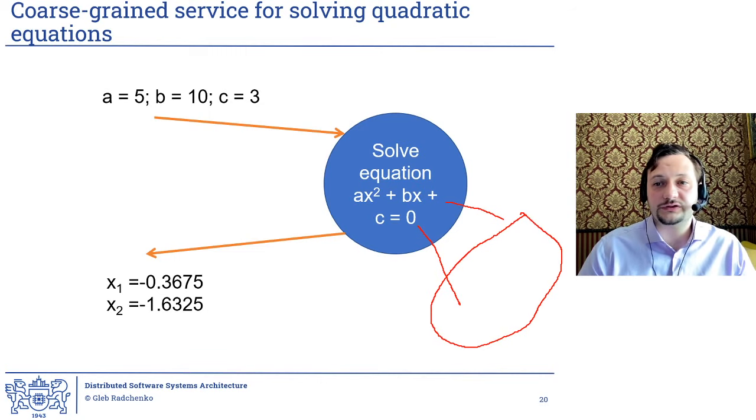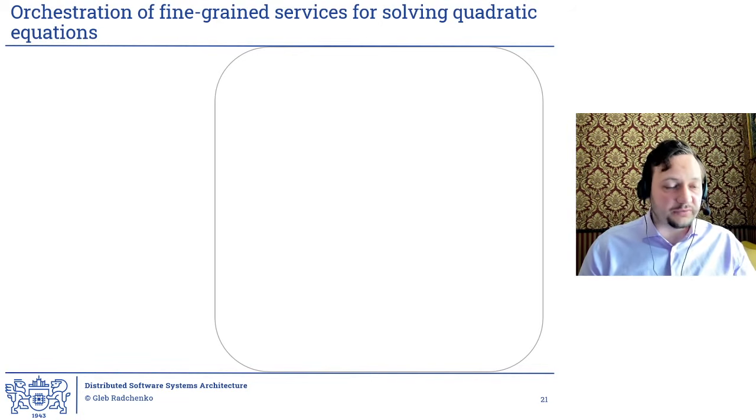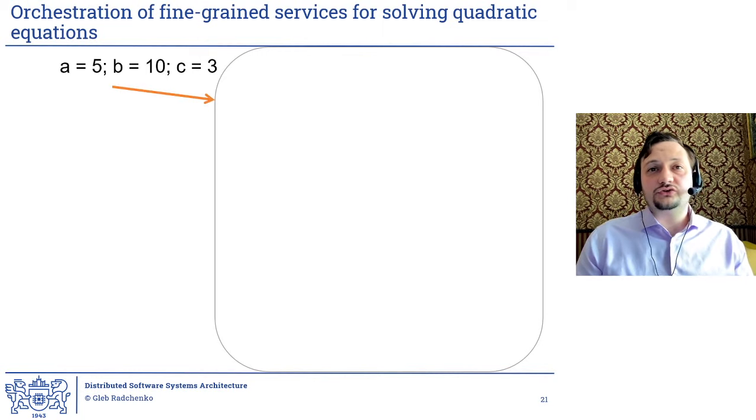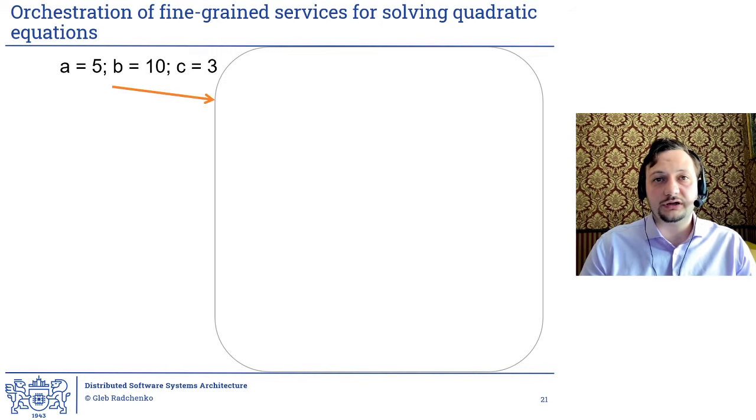If we go to the very fine-grained, of course, this is a very extreme example, and no one implements it like this in the real world. But to understand the picture, let's try to divide this quadratic equation solver service into more specific services.